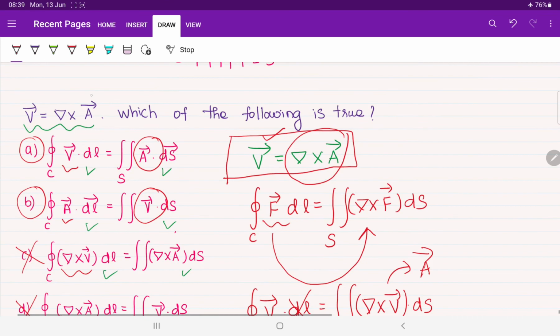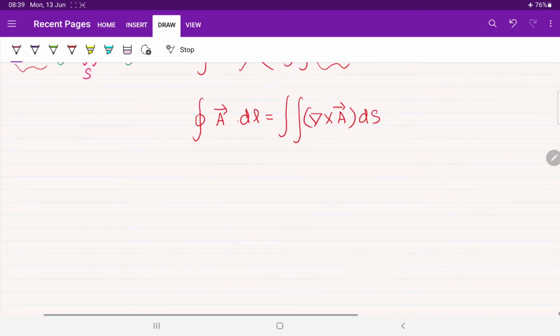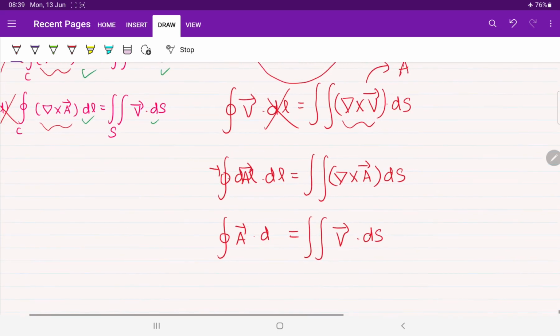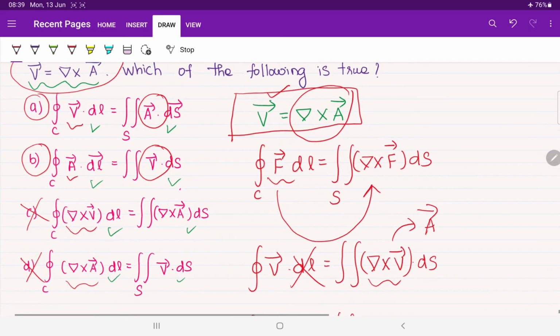Yes, it is possible, because according to the given relation, del cross A vector can be replaced by V vector. So this surface integral can be further written as V vector dot dS. So what is the correct answer? Line integral of A vector dot dl vector can be written as surface integral of V vector dot dS vector. So the correct answer is option B.